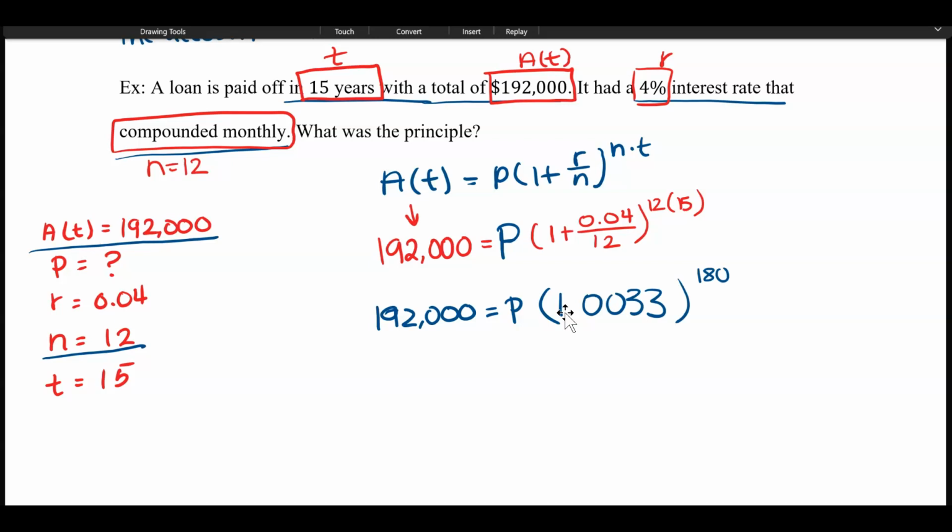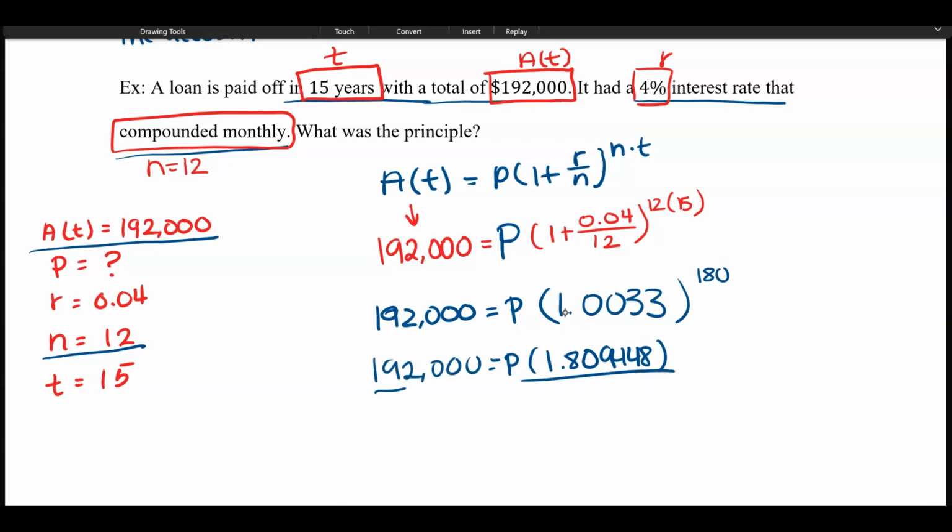So when we take 1.0033 and raise that to the 180th power, we end up with P times 1.809448. So now all that we have left to do is divide these amounts.